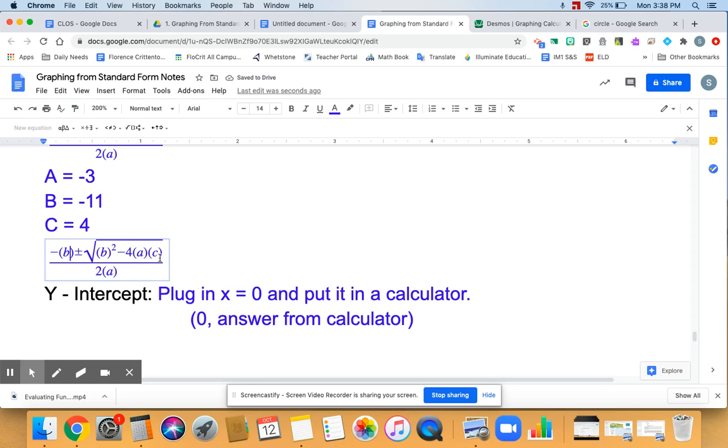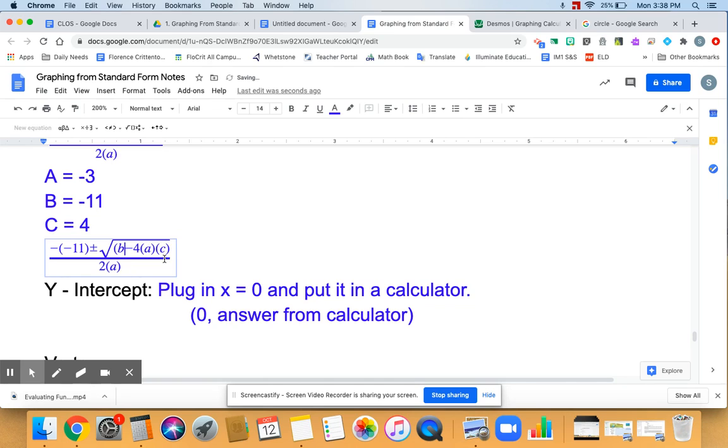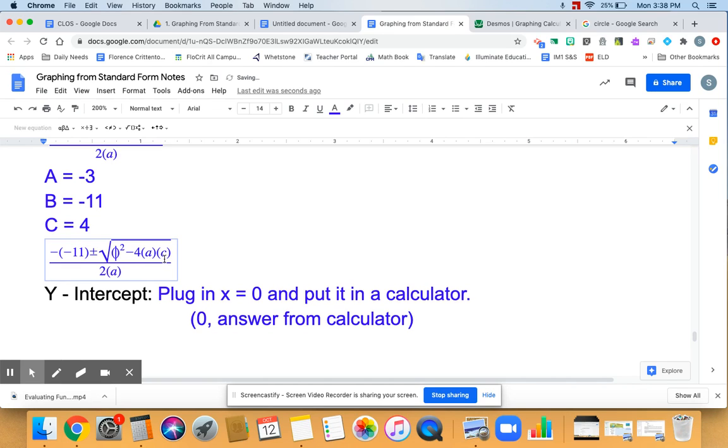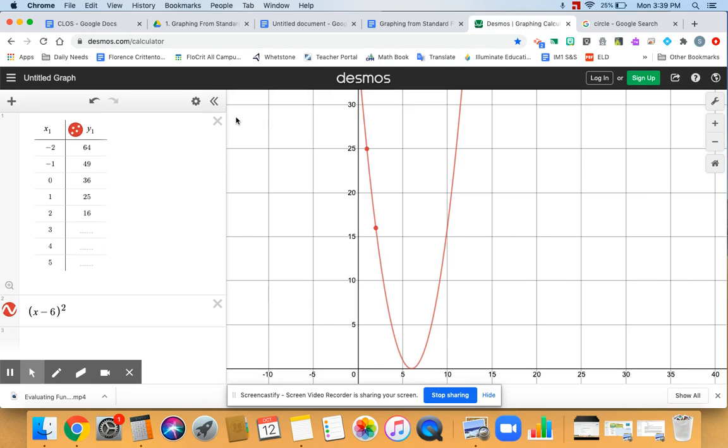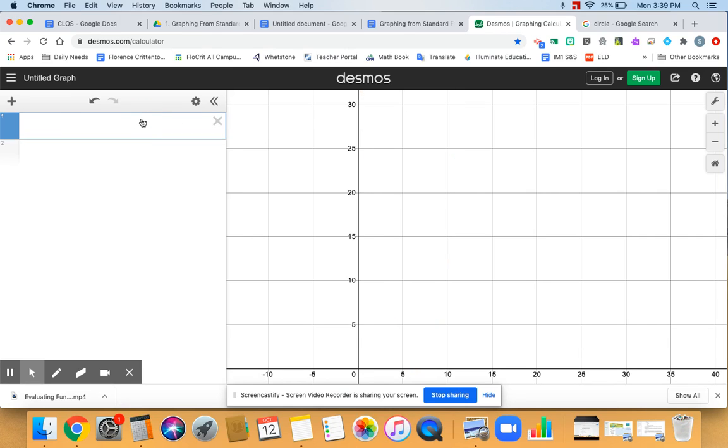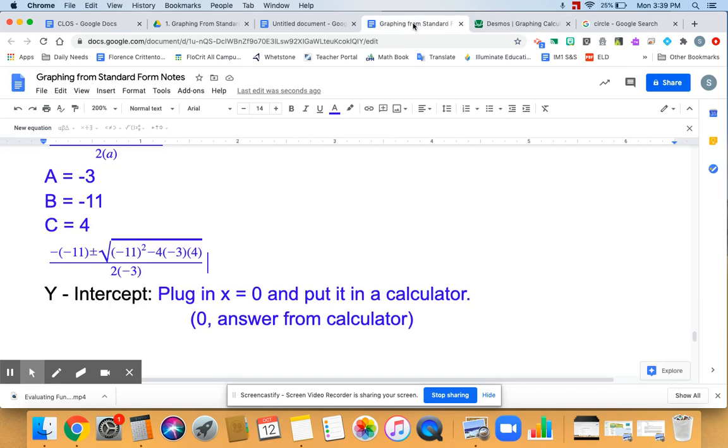I'm going to take the quadratic formula and plug in all of my parts. So b is negative 11, b is negative 11, a is negative 3, c is positive 4, and on the bottom, a is -3. So in the calculator, I have -11 being squared. That's going to be 121.